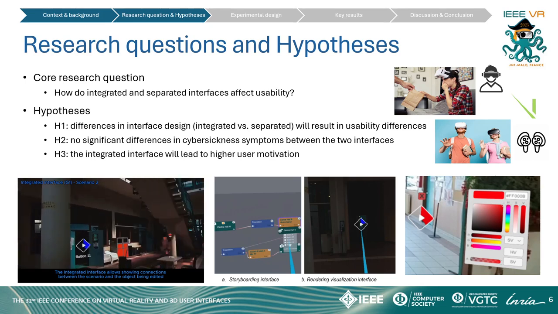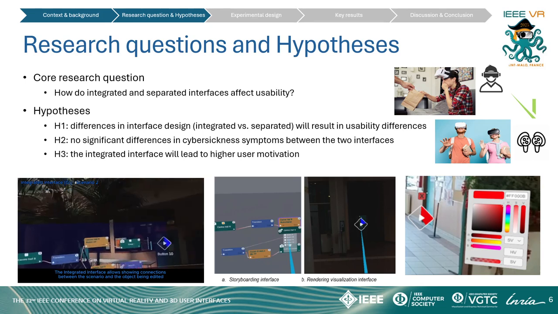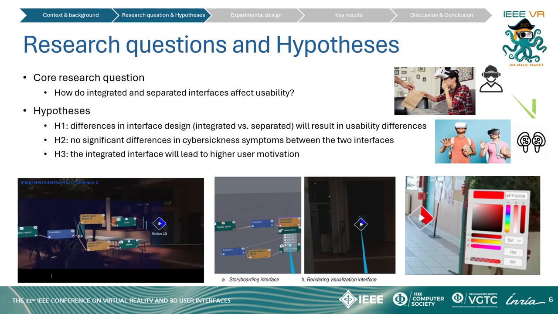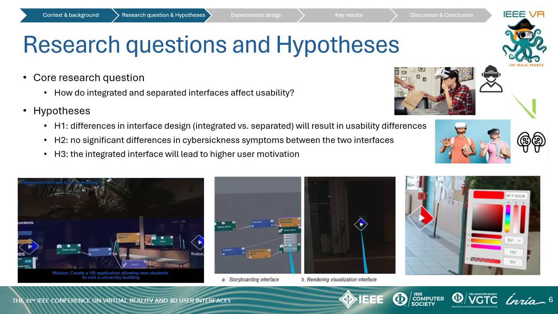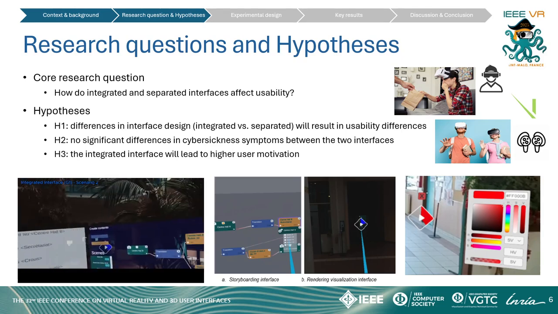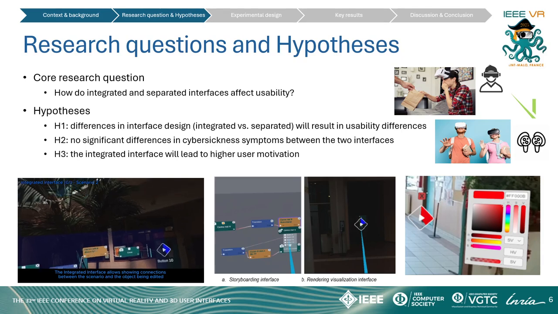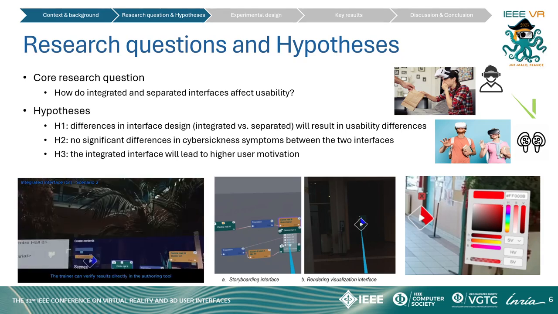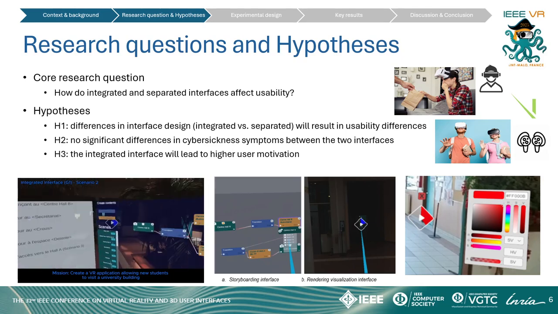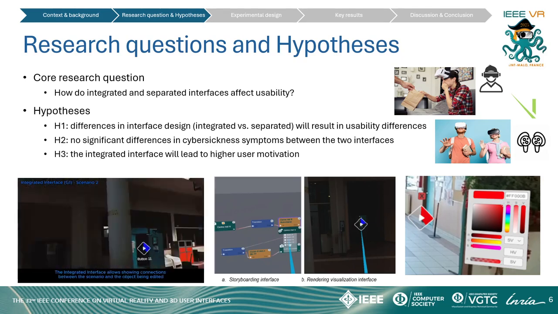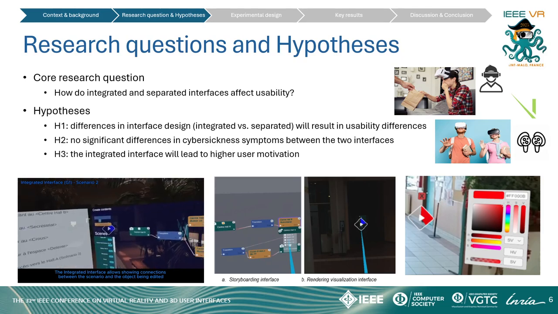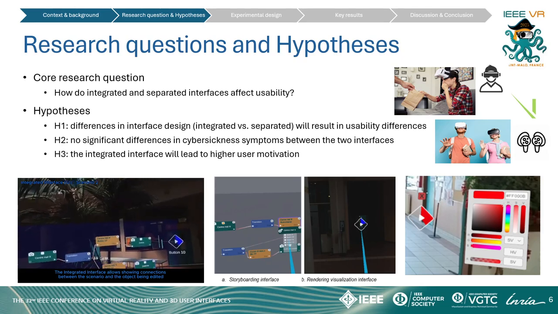Our core research question is how integrated and separated interfaces affect usability. Beyond this question, we have three hypotheses. The first: differences in the interface design, integrated and separated, will result in usability differences.